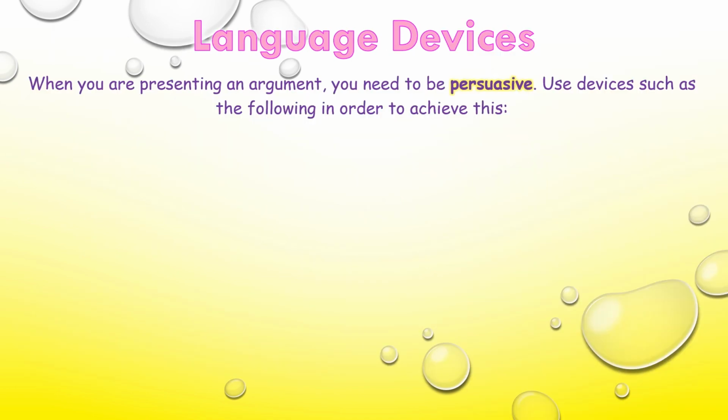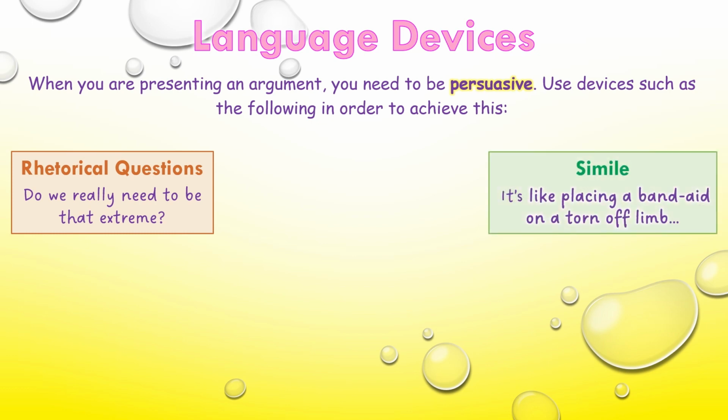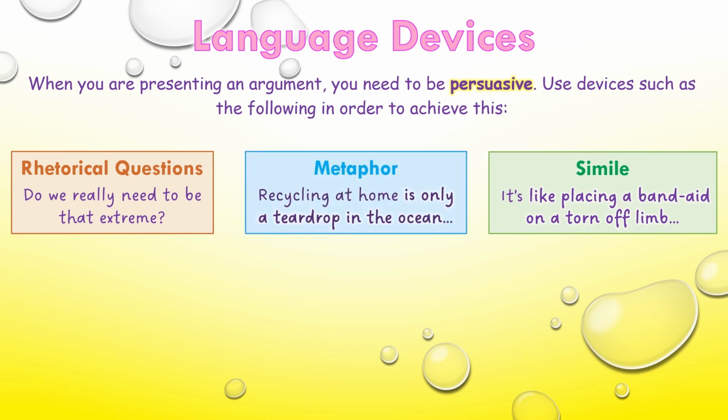When you are presenting an argument, you need to be persuasive. Use devices such as the following in order to achieve this. Rhetorical questions. Do we really need to be that extreme? Similes. It's like placing a band-aid on a torn-off limb. Metaphors.